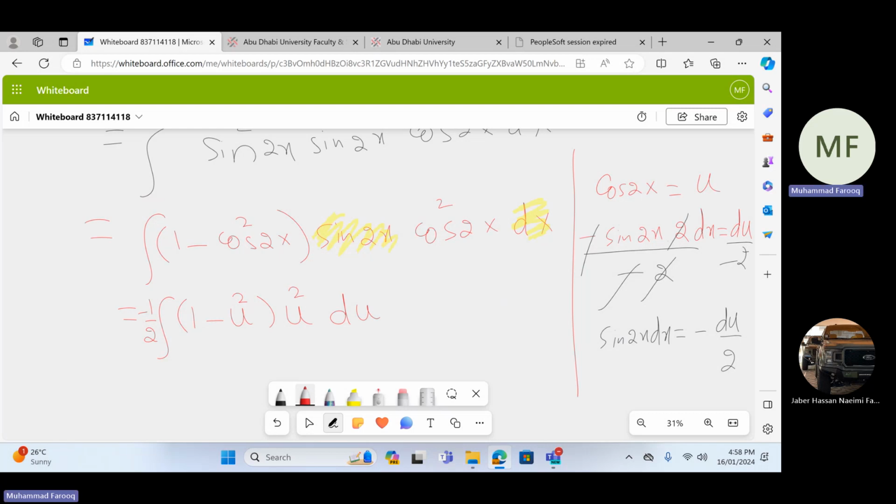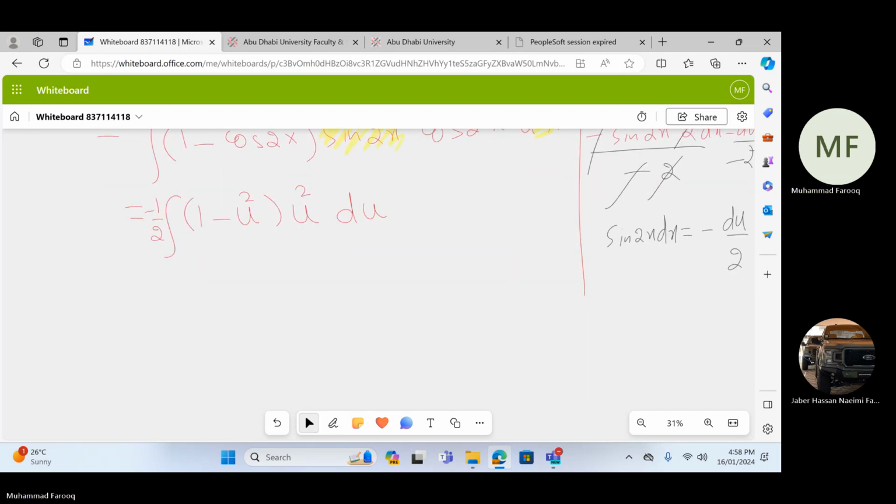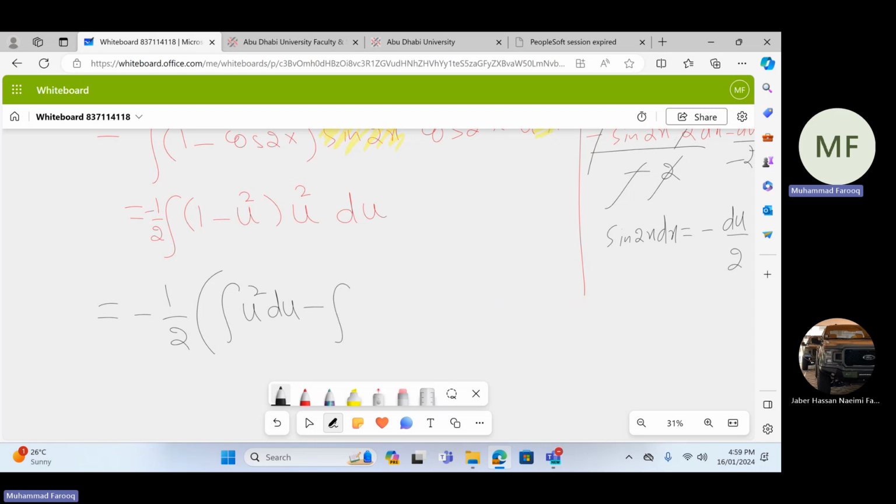First, please distribute. You get u square, negative, minus u to the power 4. Minus half is outside. Now distribute with half also, please.